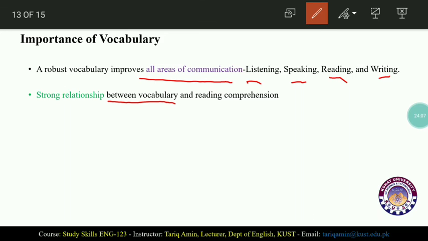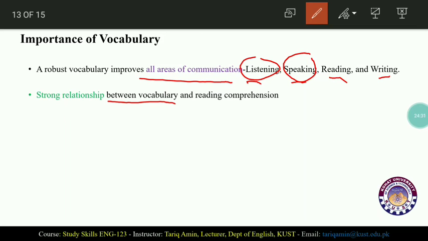And it also improves our speaking as well. We discussed in the previous point that it improves our listening. How does it improve our speaking? For example, if you want to communicate your ideas, you want to exchange your ideas with another person, you can't exchange your ideas if you don't have extensive vocabulary, you don't have words.